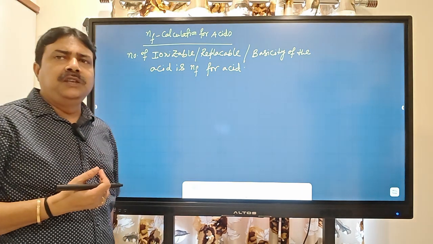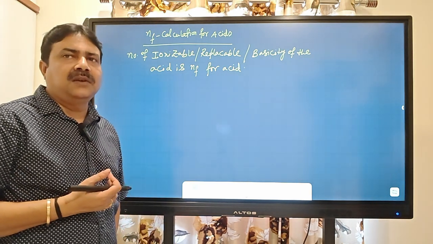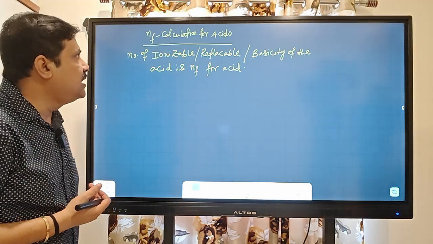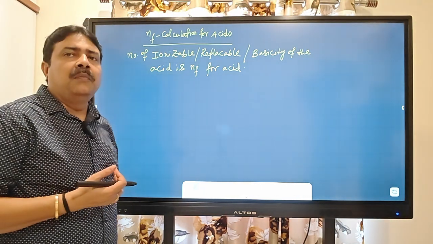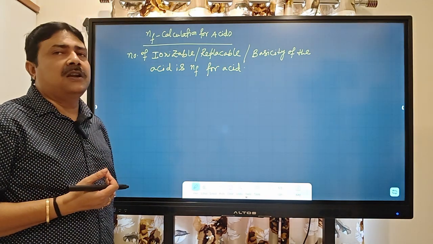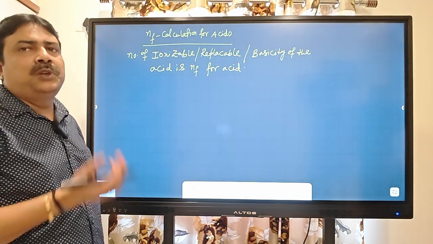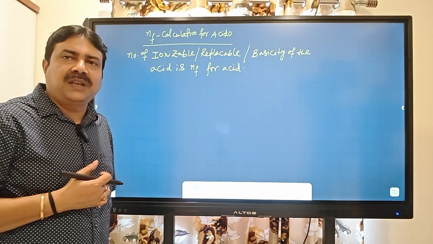So the number of units of OH minus it can take is the basicity of the acid. That is why the n factor for acid is the number of ionizable H plus, the number of replaceable H plus, or the basicity of the acid, meaning how many OH minus it can consume.